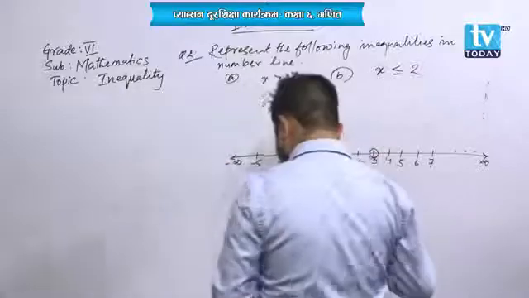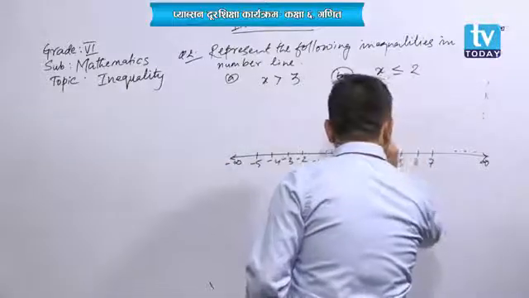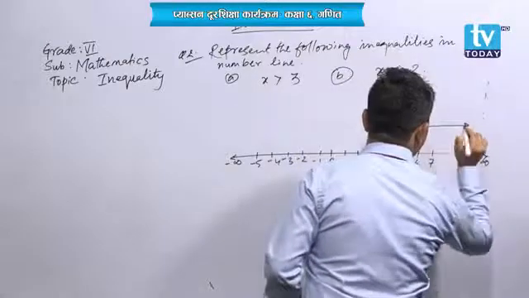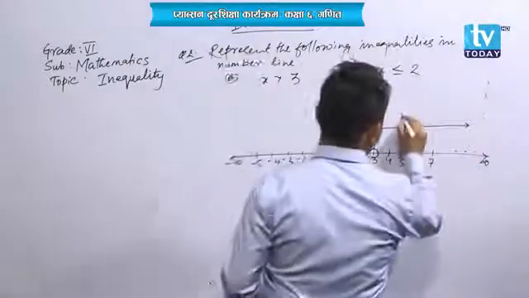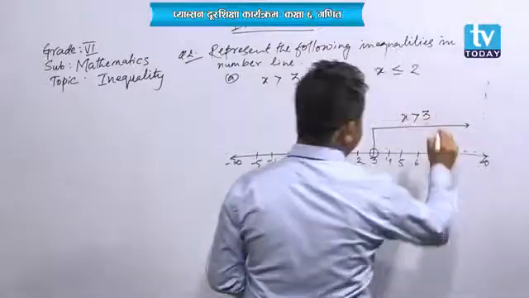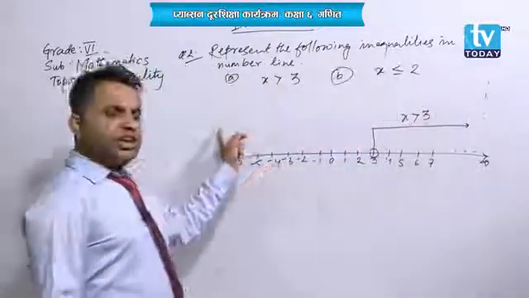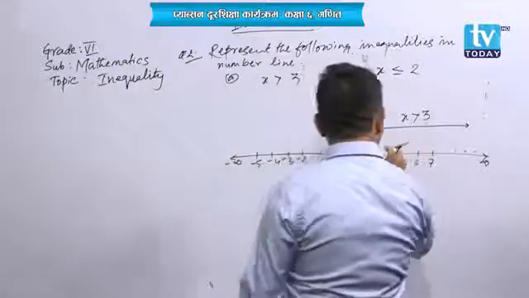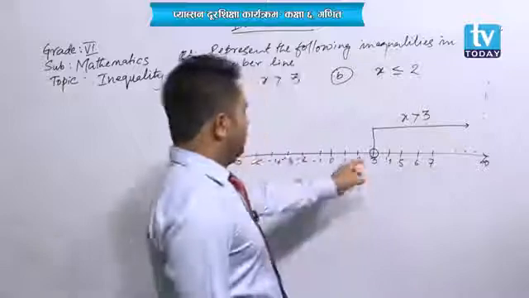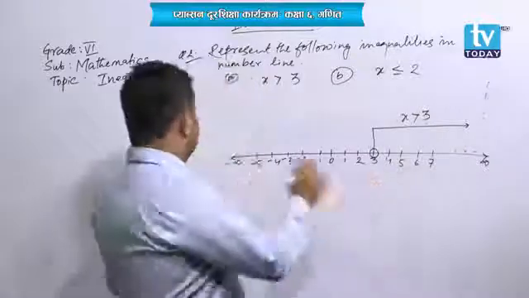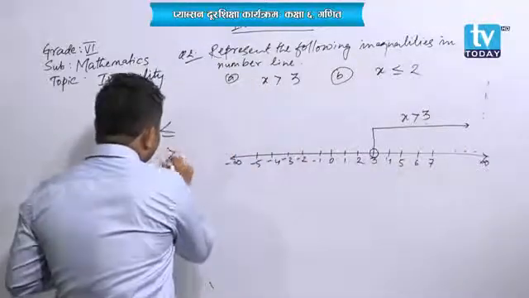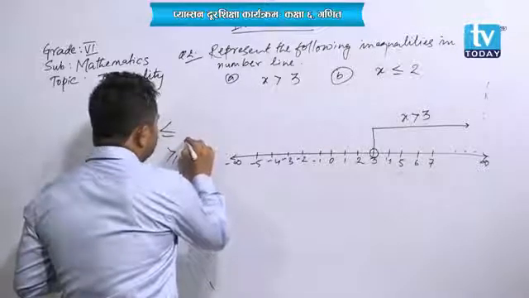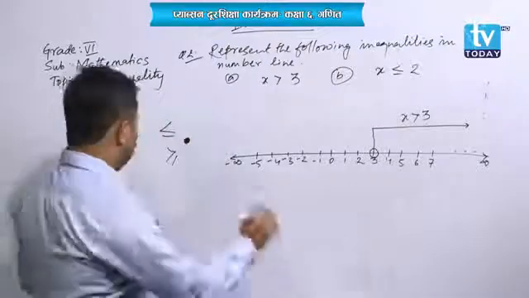So x is greater than 3. For greater than or less than, we have to use an empty circle. Understood? For less than or equal to, or greater than or equal to, we have to use a dark circle. Is that clear?